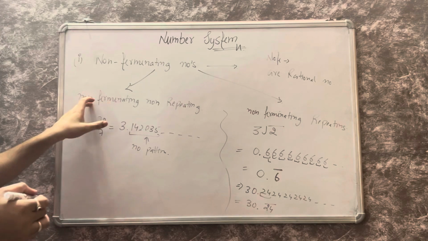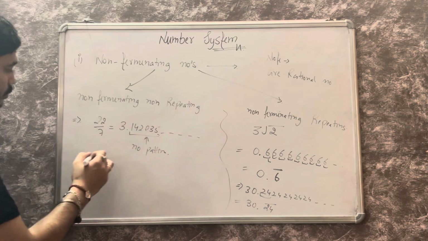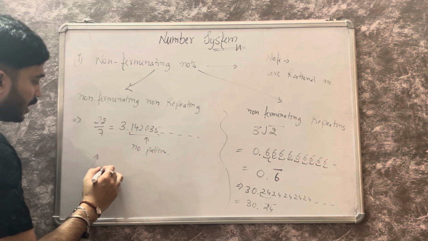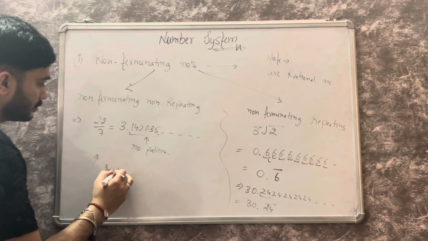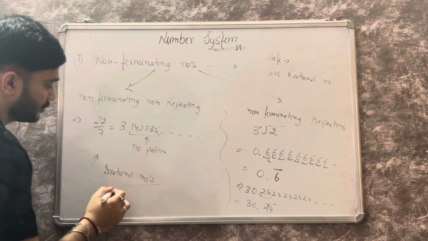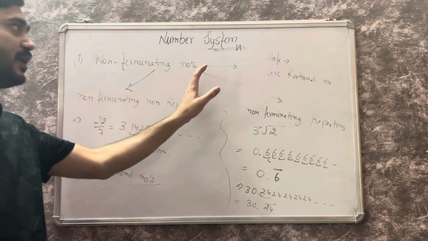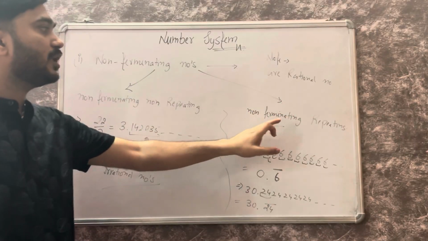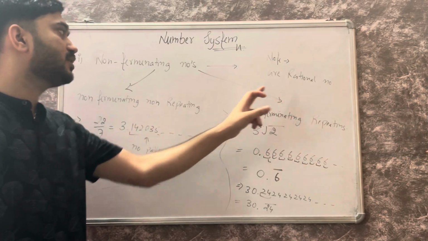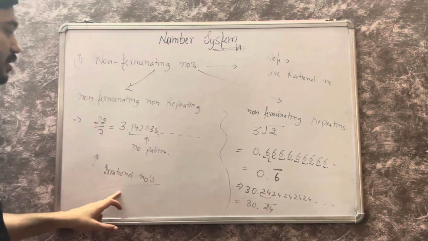These are known as non-terminating, non-repeating numbers. Any doubt? So these type of numbers are irrational numbers. So the conclusion here is that terminating numbers are rational numbers, non-terminating repeating are rational numbers, but non-terminating, non-repeating numbers are irrational numbers. Any doubt?